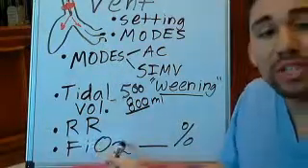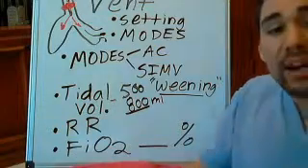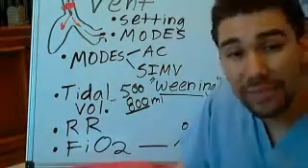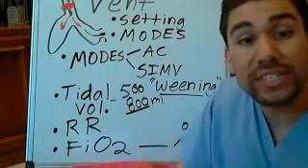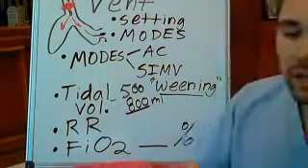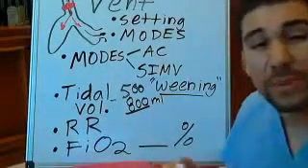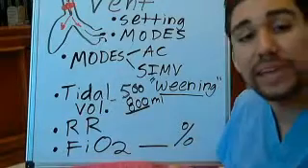Now, your FiO2 is the amount of oxygen that we're putting inside the ventilator itself to pump your patient's lungs up with air. So usual FiO2 is between like 35% to, let's say, 50%.